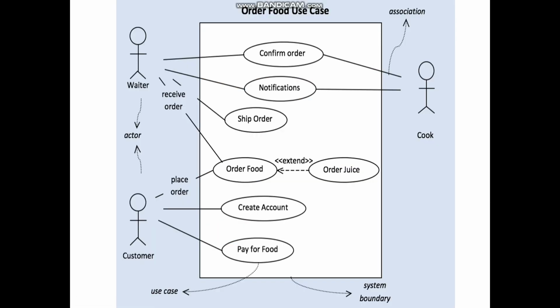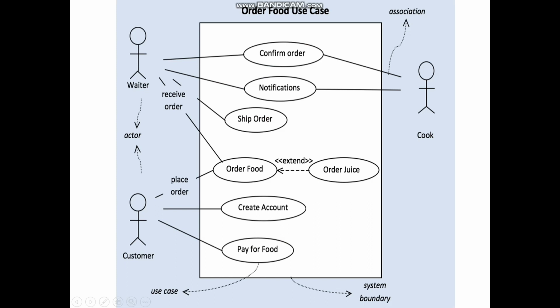Another example is an order food use case. In this, a waiter can perform various use cases, like he can pick confirm order, he can see notifications, he can ship the order, and he can receive the order which is ordered by customer.